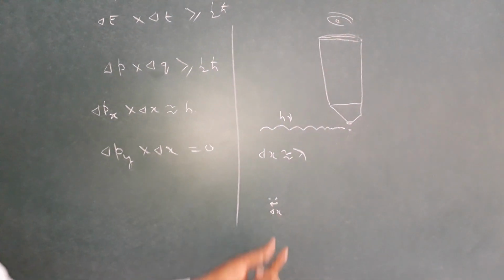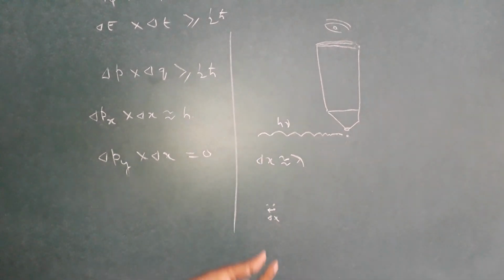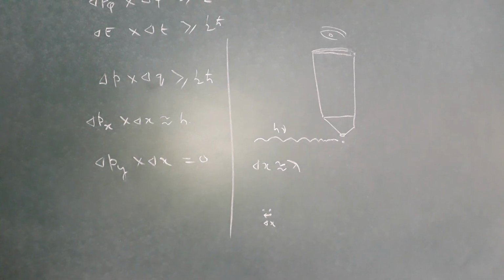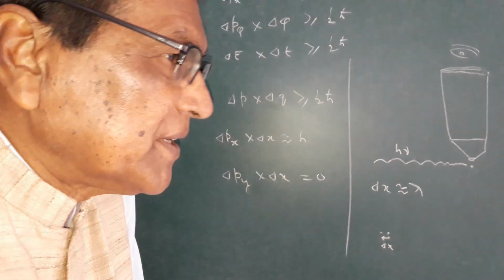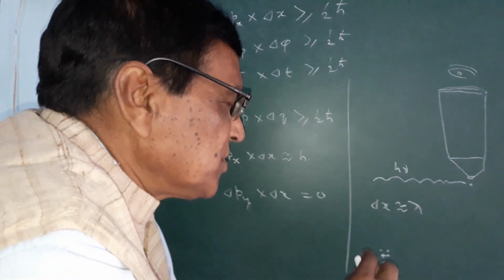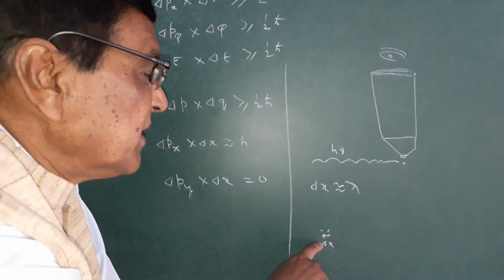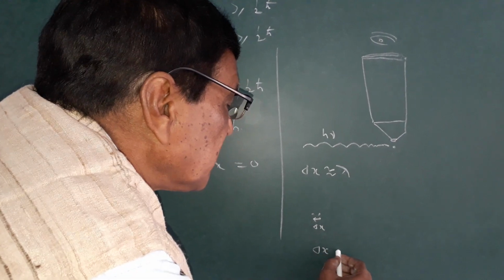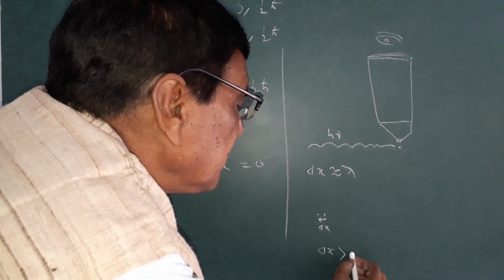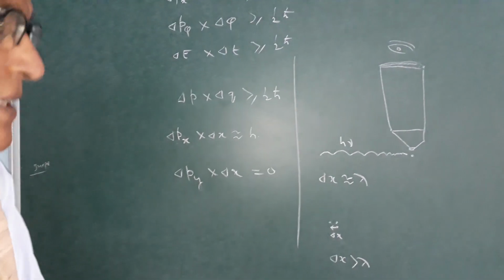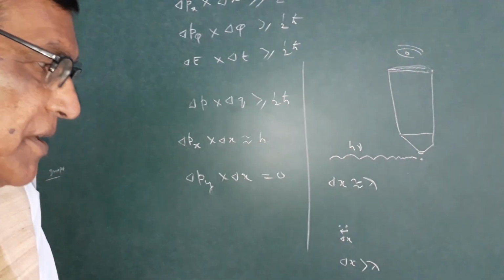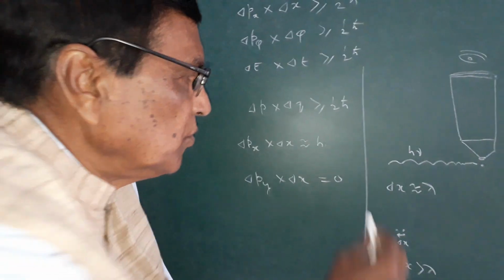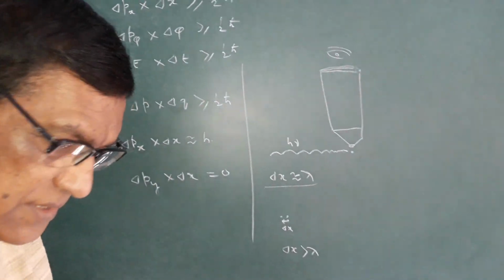In order to locate these two distinct spots, one has to use light whose wavelength lambda must be smaller than delta x. The maximum limit, we can say, is the uncertainty in position.